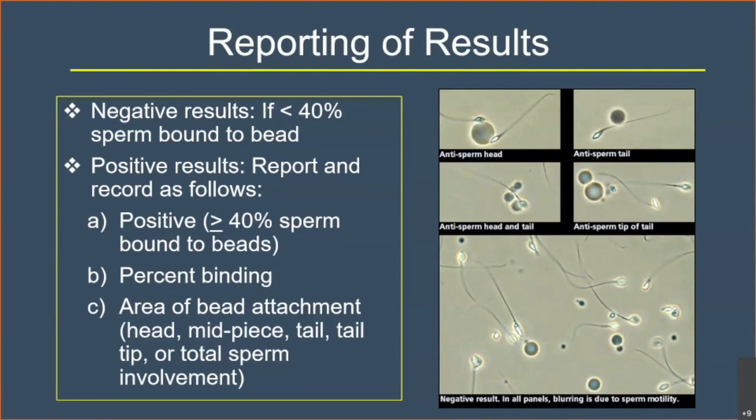And on the right, you can see and appreciate the different areas where the sperm is bound. The first one shows the binding to the head. The second shows to the tail. At the bottom is a negative result where there is sperm that is swimming and there's no binding. Next slide, please.